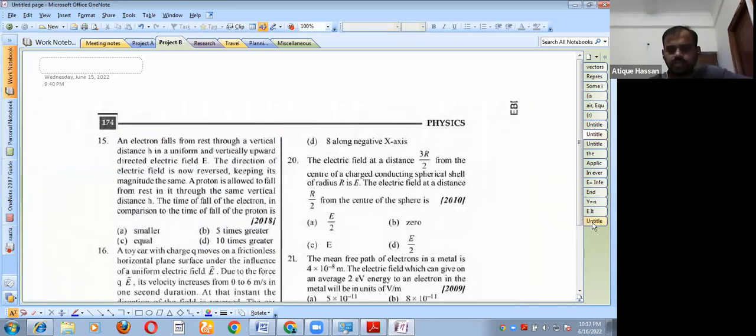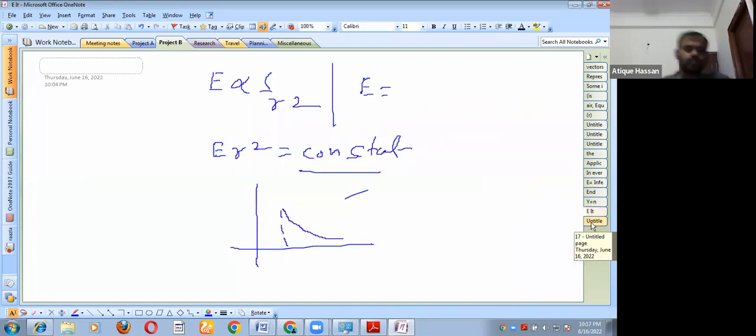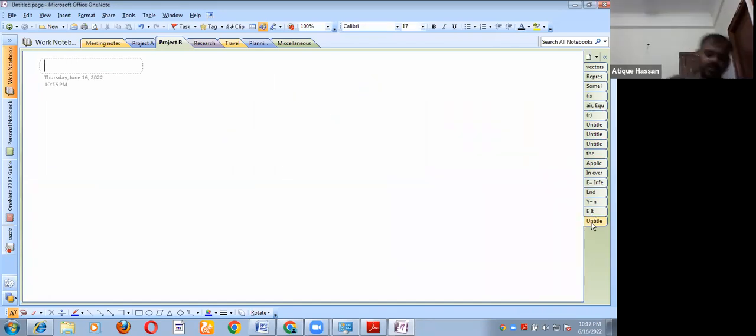So let me explain in an easy way what this question is saying. Let's first understand the question. Suppose I have a region in which the electric field is E, correct? Like this.